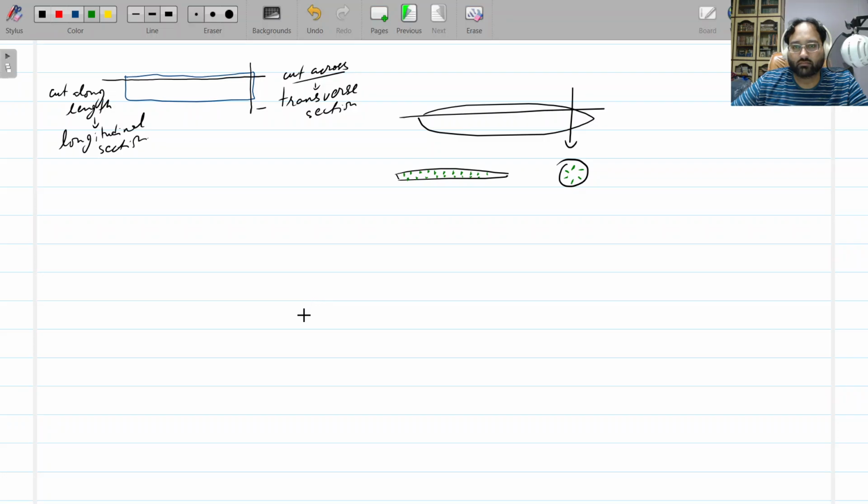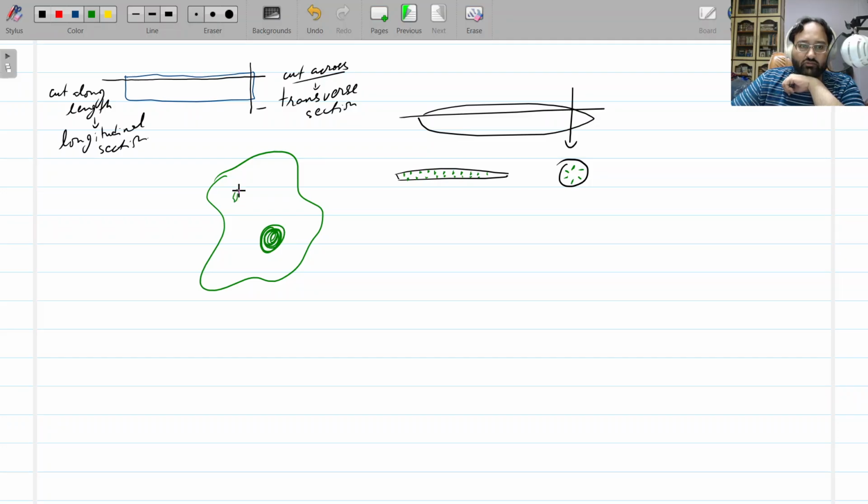Whether you take it horizontally or vertically, the cells will be in different positions. Exactly, because the cell is three-dimensional, so you've got different stuff. For example, you have the nucleus over here. We haven't talked about these yet. And you've got some stuff over here and some stuff over here. If you're going to cut across, let's say that this is a tube of cells.